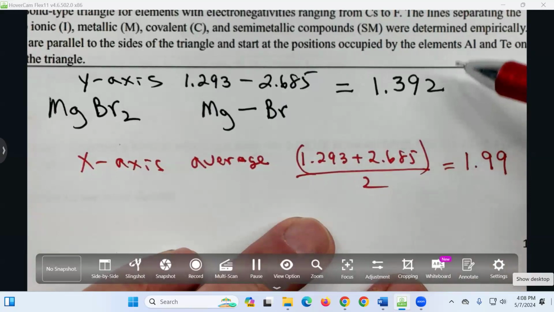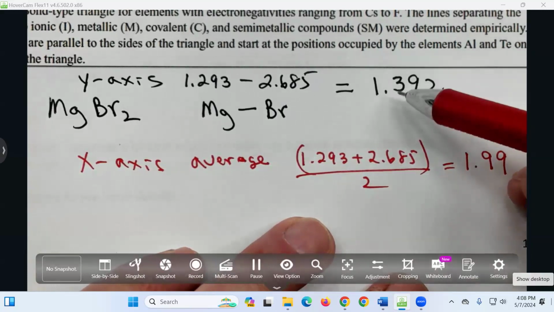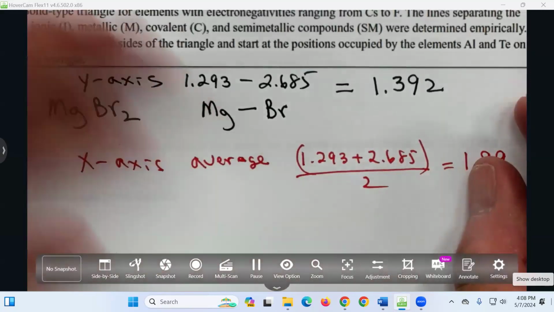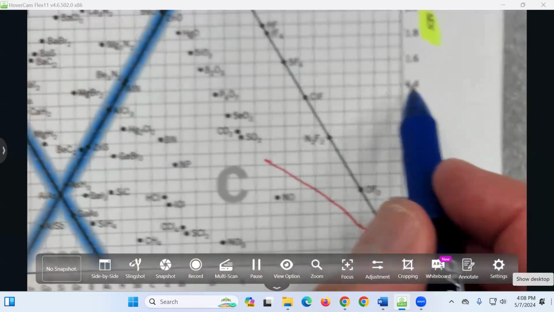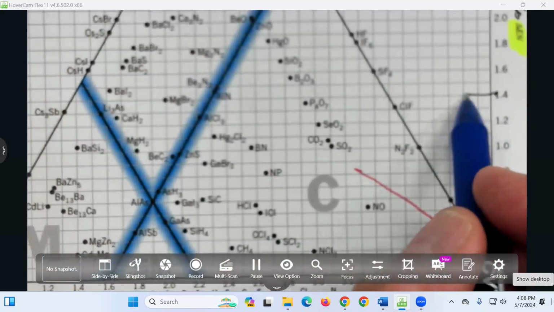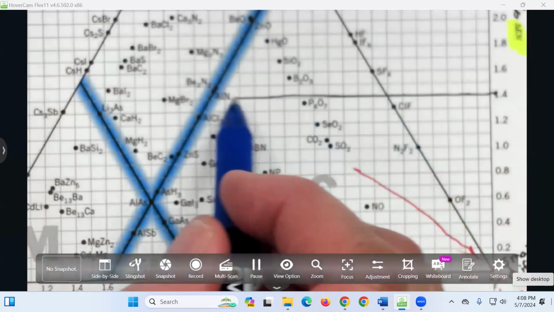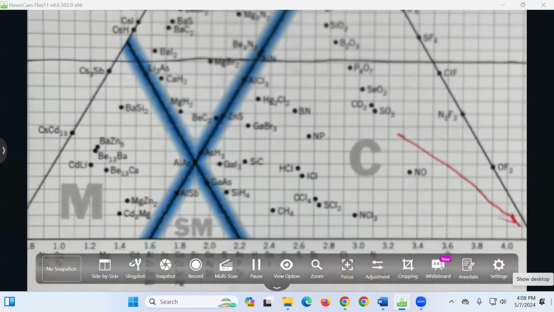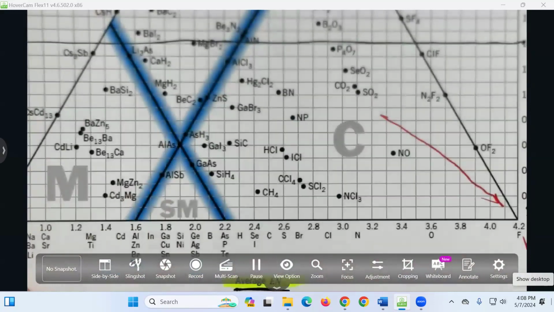So now we have an ordered pair. To talk like a math teacher, we have an ordered pair. We have an X and a Y, correct? So 1.4 on the Y, right around 1.4 is going to get us about on this line, correct? 1.4 and about 2.